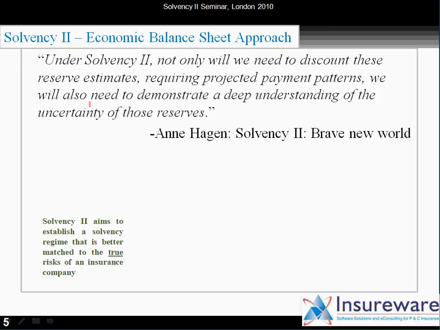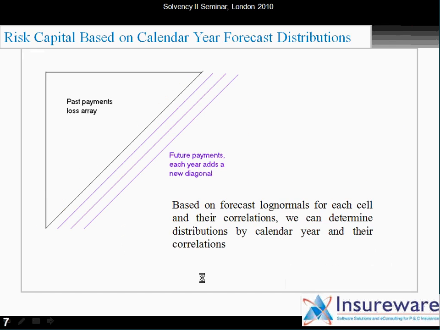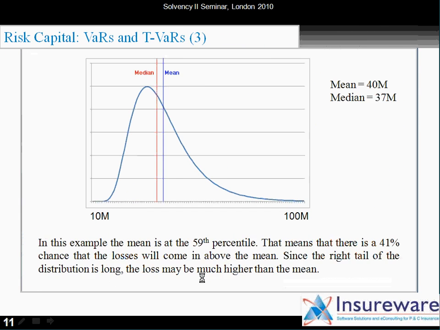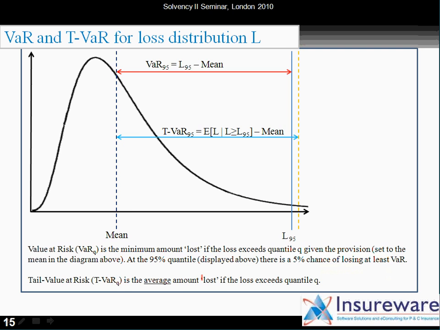It also says we'll need to demonstrate a deep understanding of the uncertainty of those reserves. From previous videos, you'll notice that there's a difference between uncertainty and variability, 2 distinct concepts. We know about definitions of VARs and TVARs.